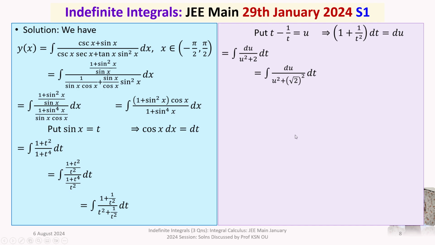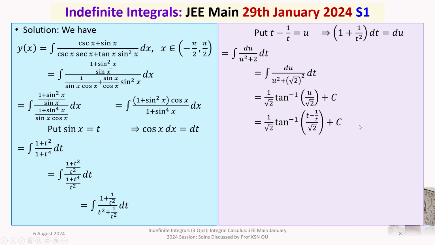And we know the integral of dx by x square plus a square is 1 by a into tan inverse of x by a, and that is 1 by root 2 into tan inverse of u by root 2 plus c. Agreed. For u we write t minus 1 by t, divided by root 2, plus c.